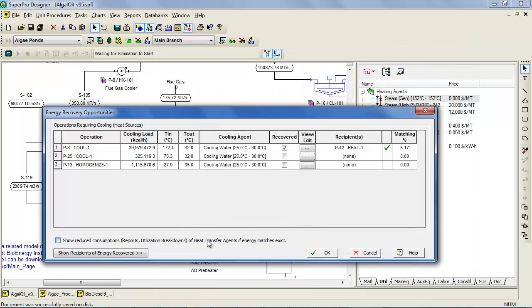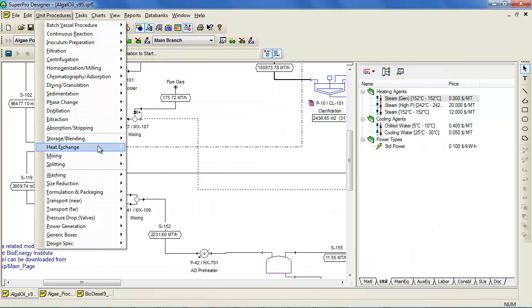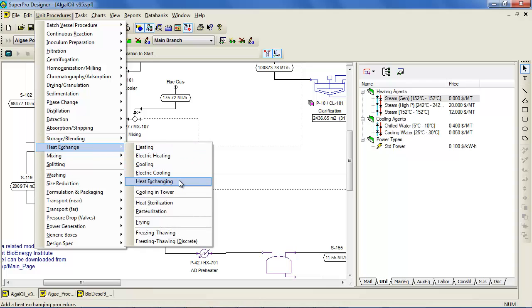A third methodology to represent energy recovery is to actually incorporate heat exchanging unit procedures into the flowsheet itself. For more information on SuperPro Designer's energy recovery capabilities, please refer to the SuperPro manual and/or the Microsoft Word document associated with the biodiesel example file that ships with SuperPro.